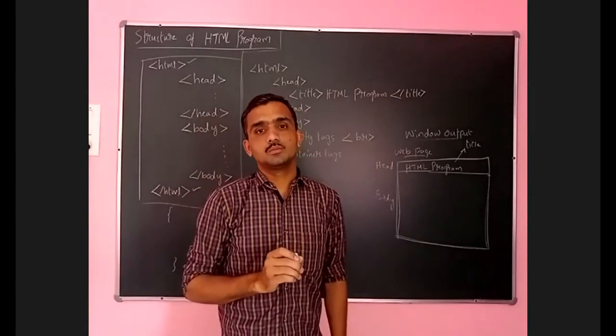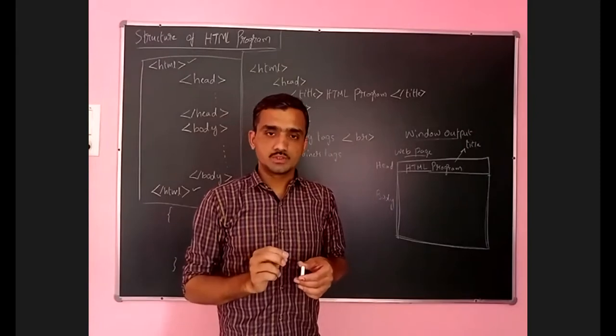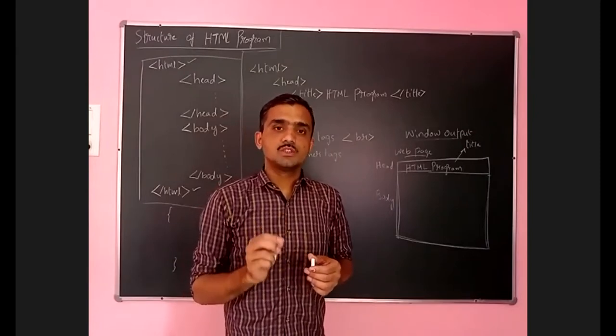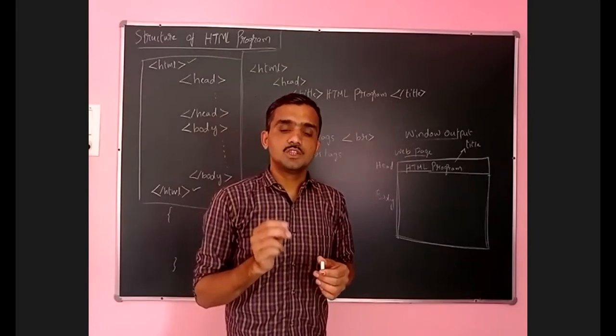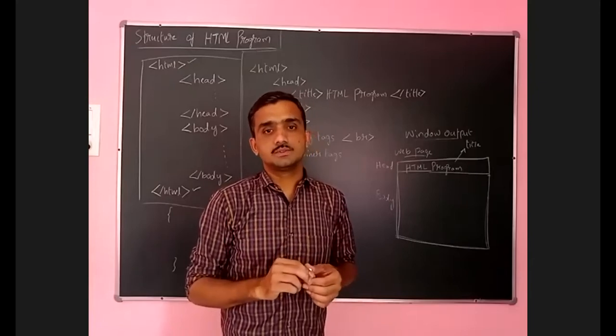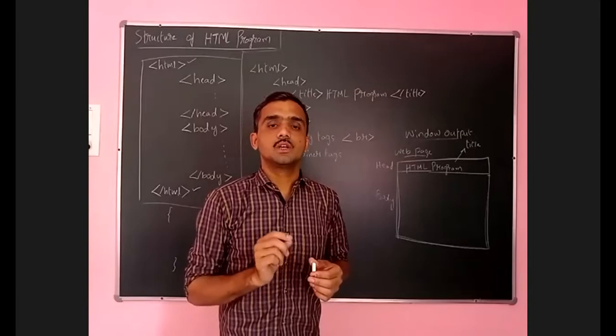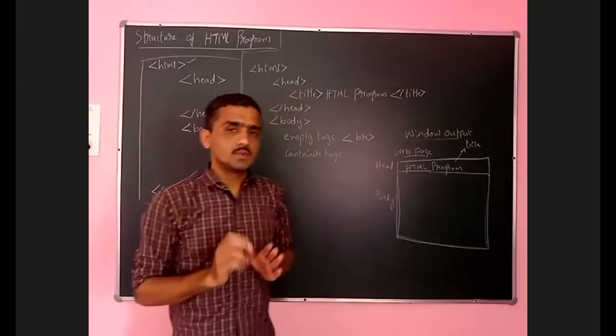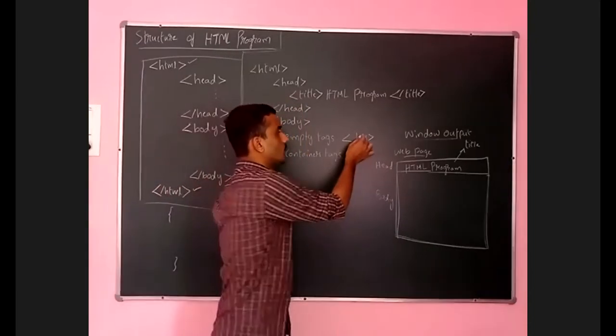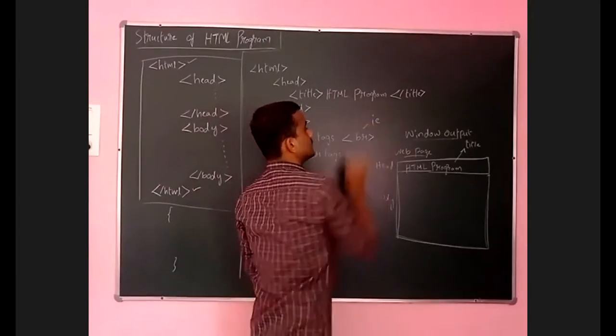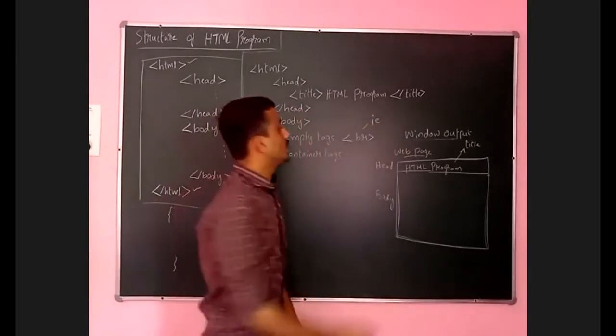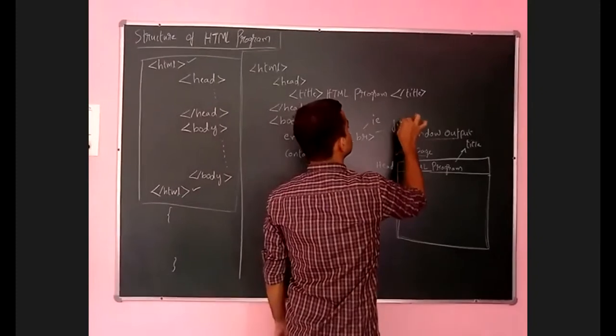That's very important because we have different browsers, and different browsers display in different ways: Internet Explorer, Mozilla Firefox, Google Chrome. In some cases, a tag may work in Internet Explorer, but it may not work in Firefox.